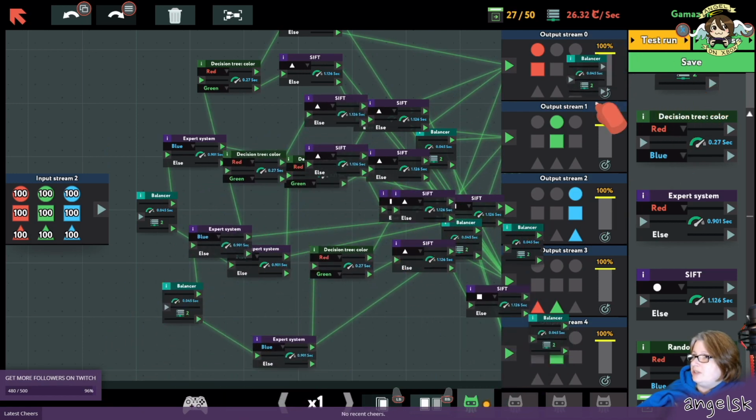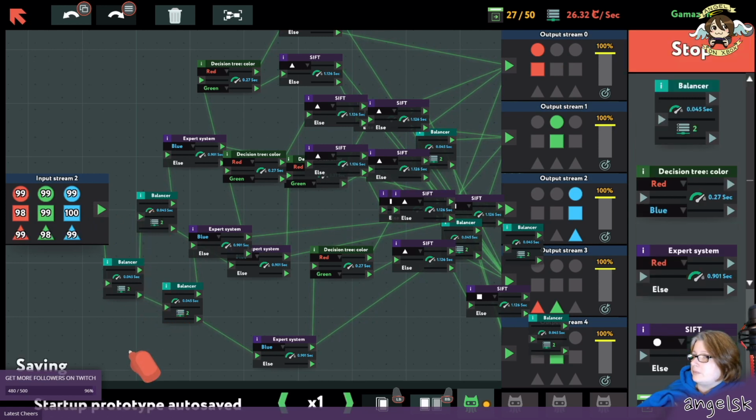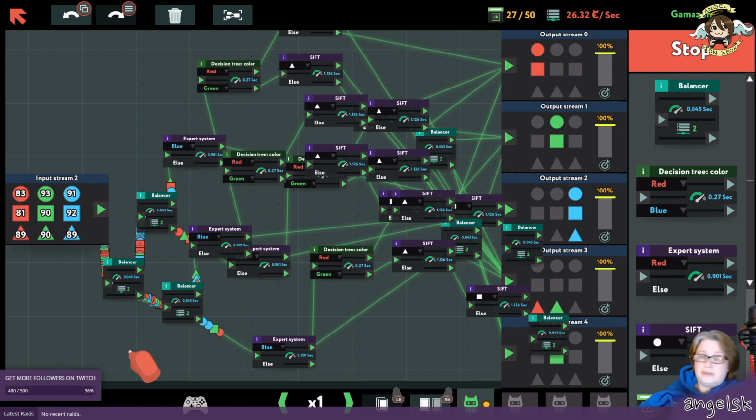Don't even comment on this. I just copied and pasted that whole mess twice. What it should do is split everything up and process it quicker. And we shouldn't get any queues.